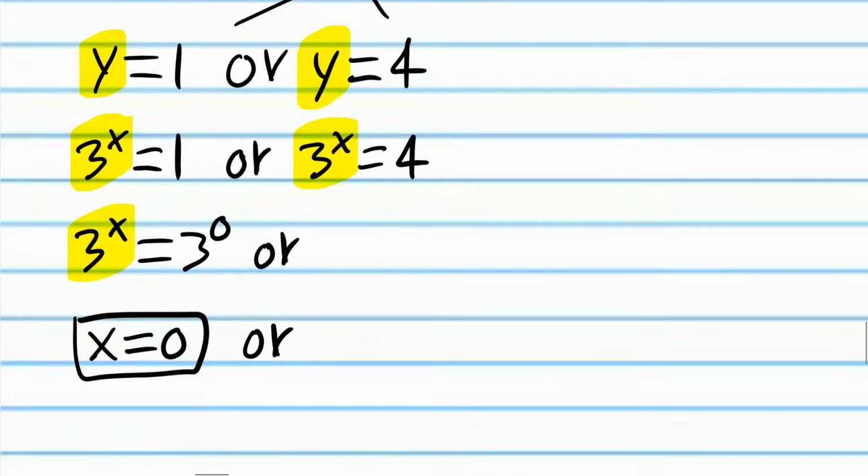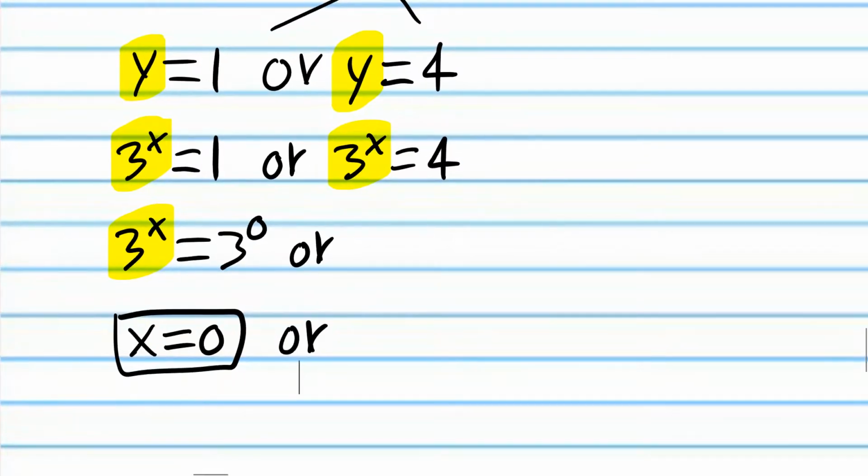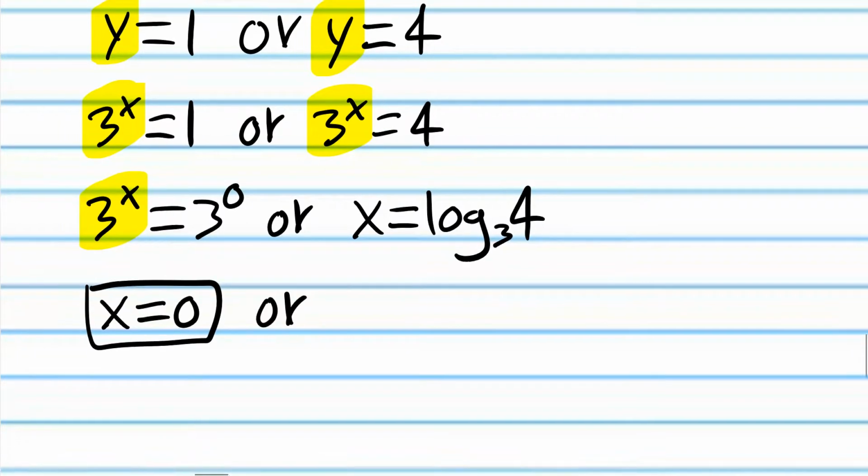So over here, what power do we raise 3 to get 4? The answer is we don't know. We can't do that. We have to use a calculator. In the equation at the left, we didn't need a calculator, but for this one we do. What do we enter into the calculator? Well, we enter in log base 3 of 4.